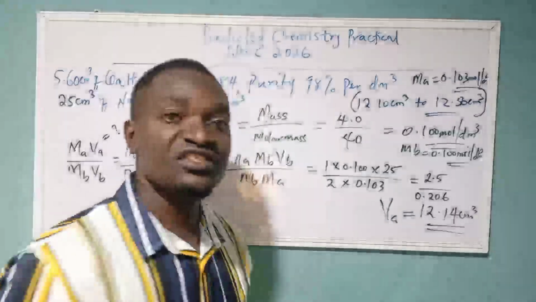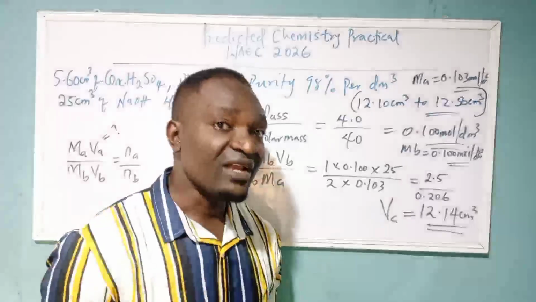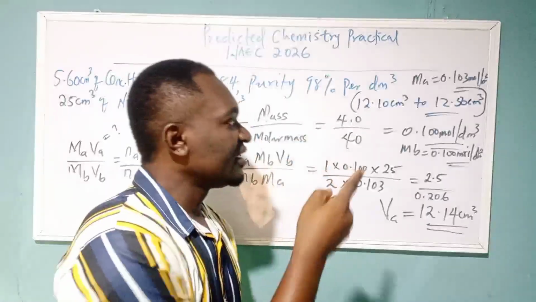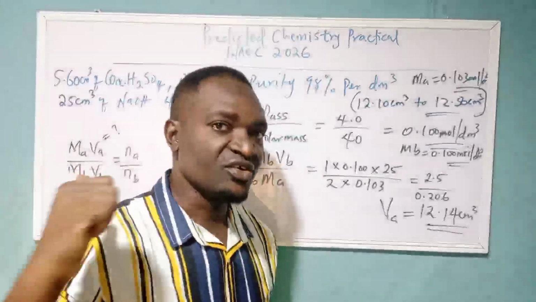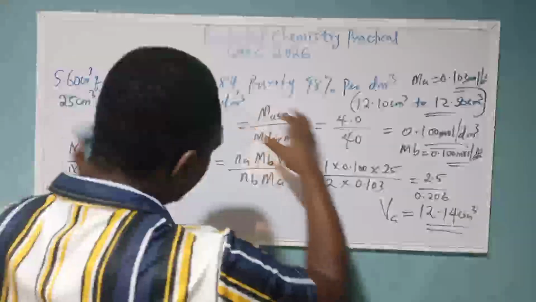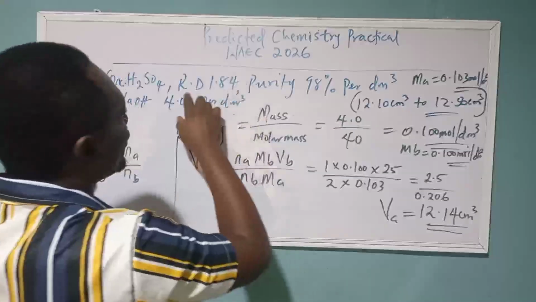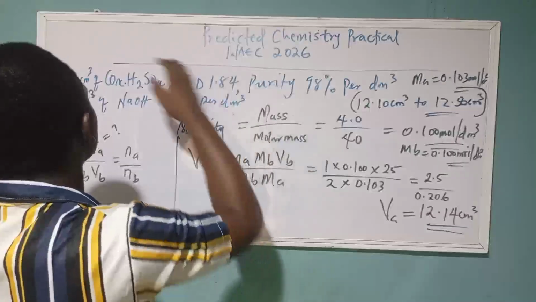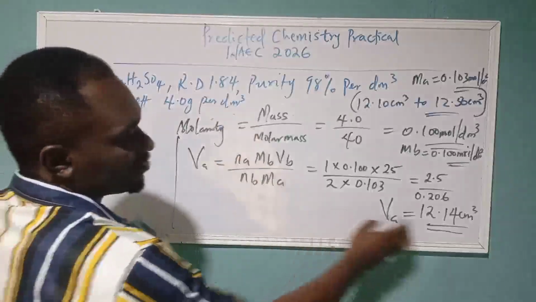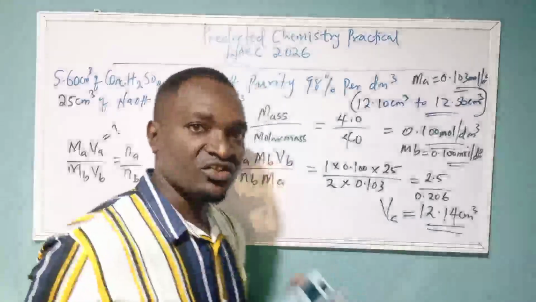So this is how teachers know the average volume of acid to use in your practical. They will first solve this using the information given, all these relative density, purity, the volume of this and that, to get this, exactly as I've done it.